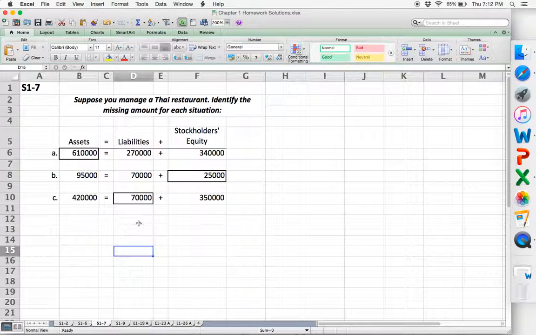So remember, you are just subtracting your liabilities from your assets to get your stockholders' equity. So again, lovely little equation up top here gives you our number of 25,000. And then finally, we have our assets, we have our stockholders' equity, but we do not have liabilities. So again, you're just taking your stockholders' equity and subtracting it from your assets to get 70,000.